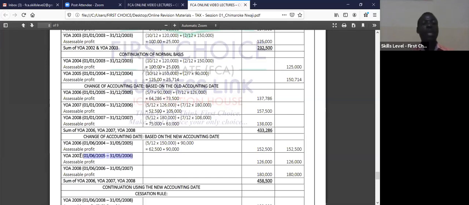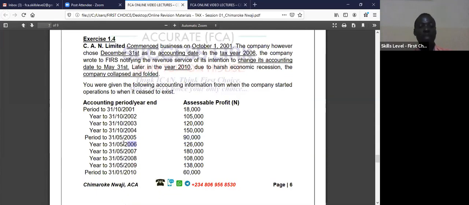So look at the account that ended in May 2006. And they say it's year 2. So it must have started in June 1, 2005, and ended in May 2006. So you take everything here. This is 12 months we are looking at.